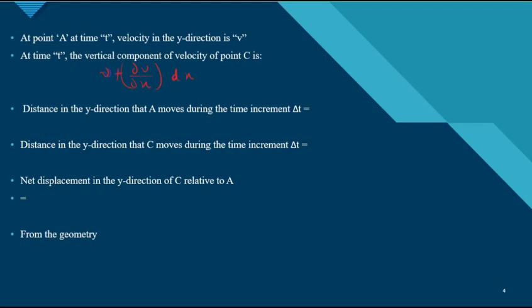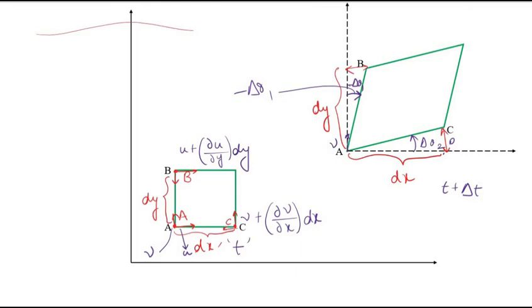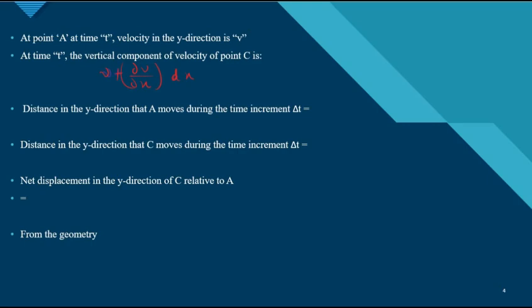Now what is the distance in y direction that we can have a look at? Have a look at this element and try analyzing what would be the distance in y direction that A has moved. That would be nothing but v delta t, because we almost see that v is at the same point in the y direction.